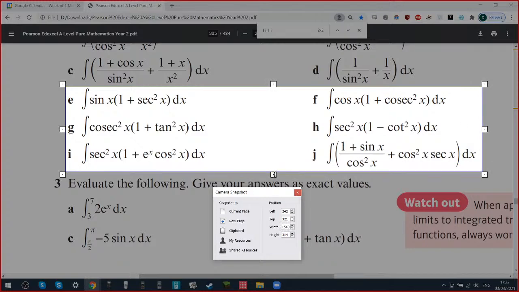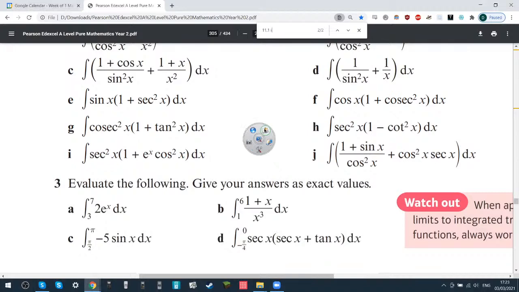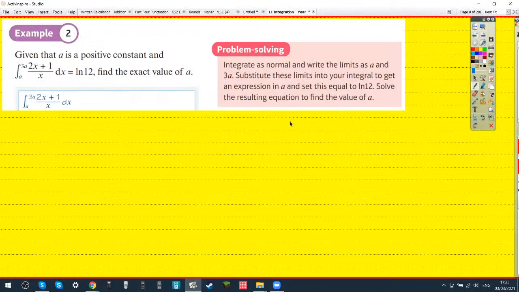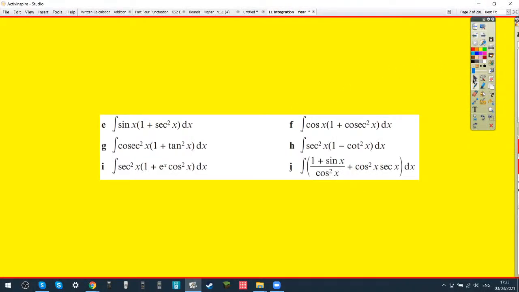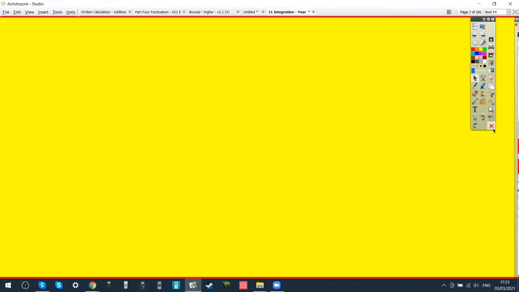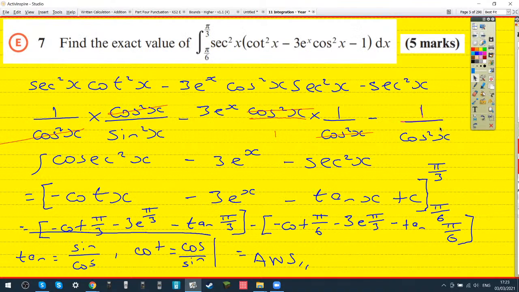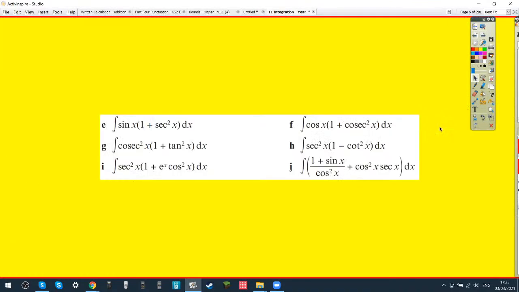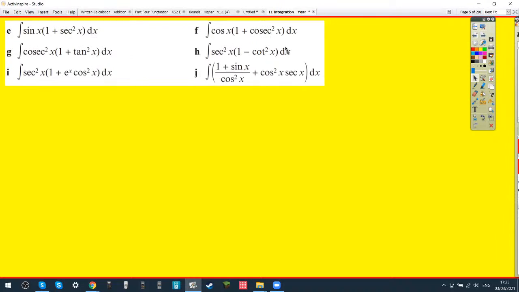So how do you do the first one? Do we have to expand the brackets? Yeah, I'm just going to move it. Hang on. Put it there. Alright, expand the first bracket.